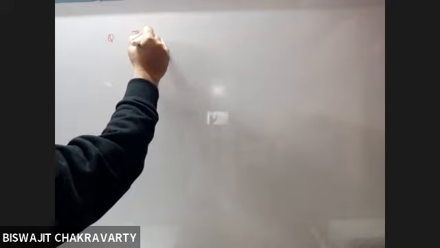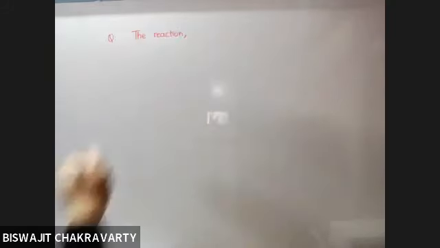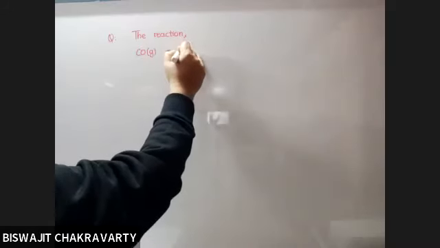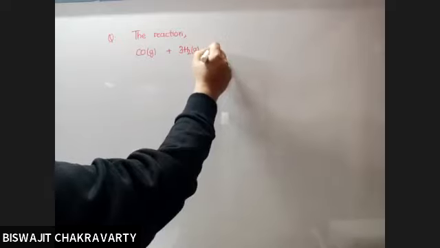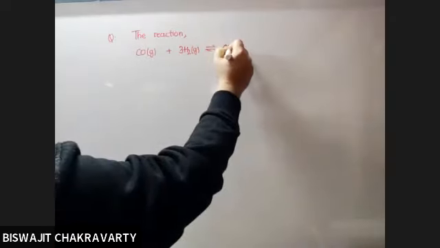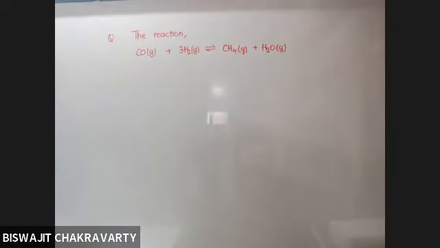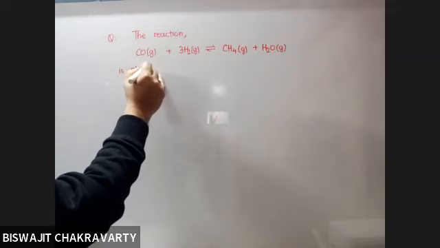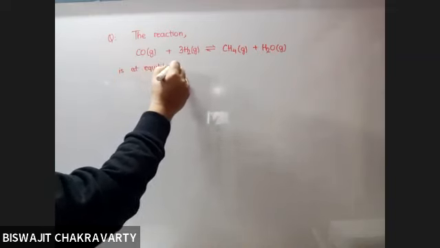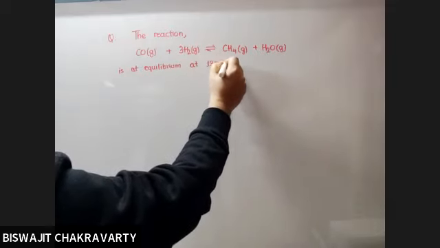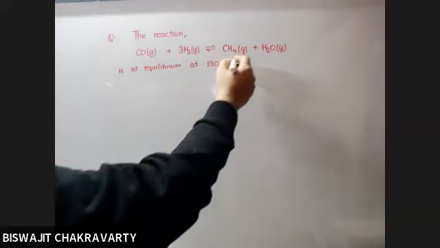Moving on to the next one. The reaction CO gas plus thrice H2 gas, reversible, CH4 gas plus H2O gas is at equilibrium at 1300 Kelvin in a 1 liter flask.